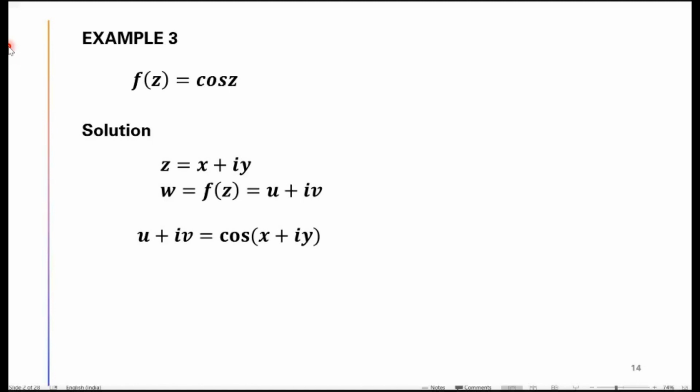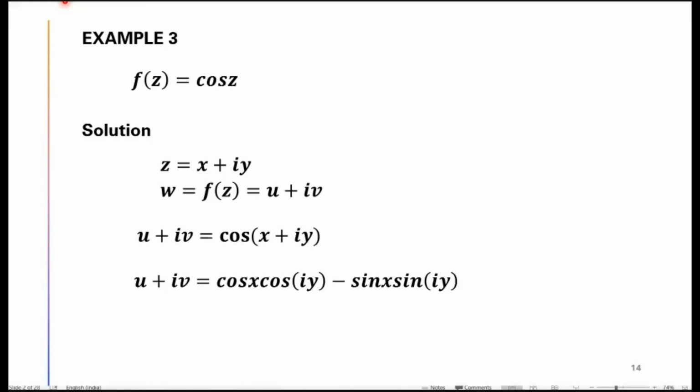So expand cos of a plus b. Cos of a plus b is cos a cos b minus sin a sin b. Now, do you remember what we did in the hyperbolic functions?